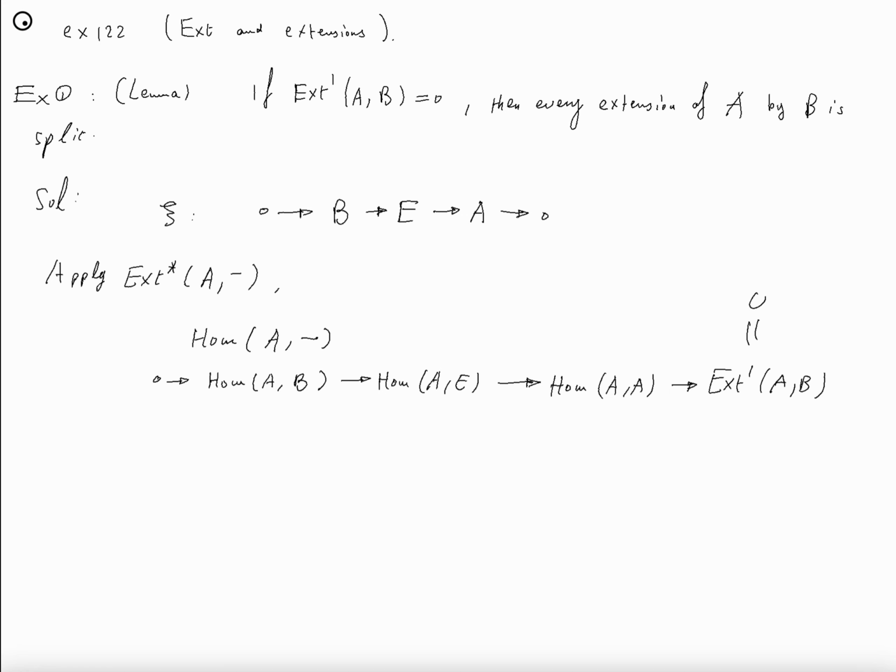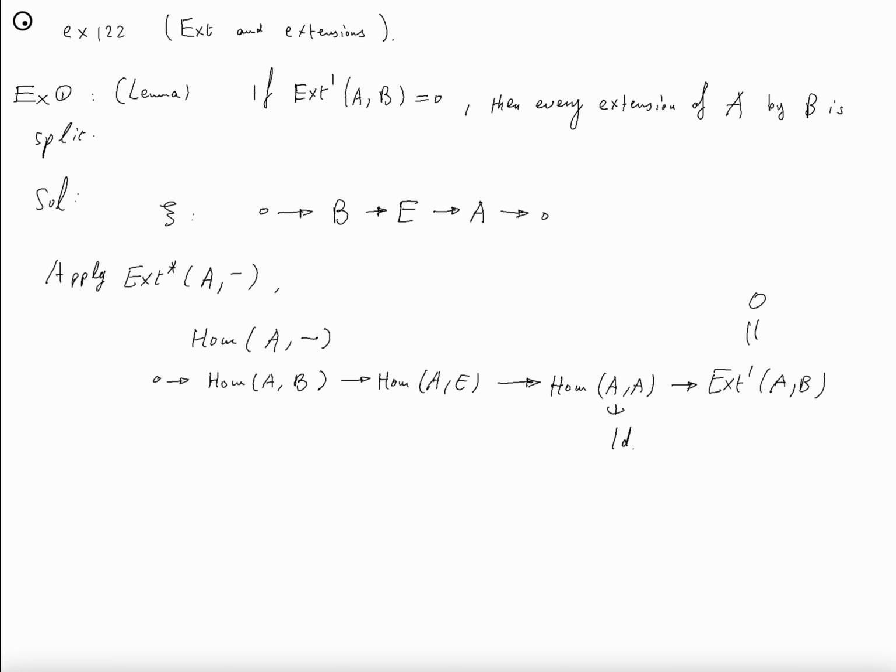But if we suppose this is 0, then here we got this identity element. Just by the definition of category, the identity morphism always exists. So there is this identity element in this Hom set. If this is the category of modules, then this is a group, and this is the identity element of this group.